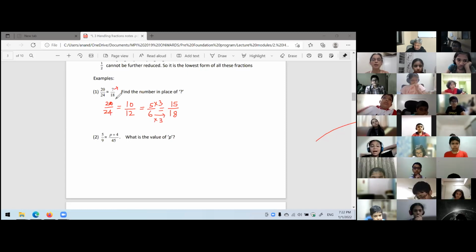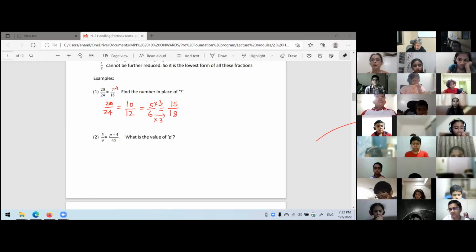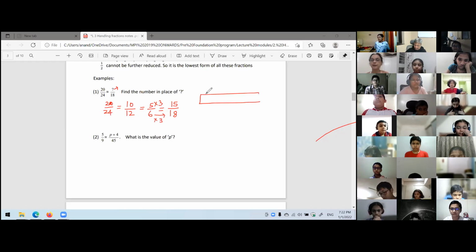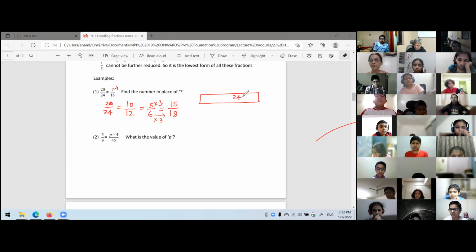You can do a model of this. What kind of model you can do? You can make a paper strip. Make 24 equal parts of it and take 20 out of them.